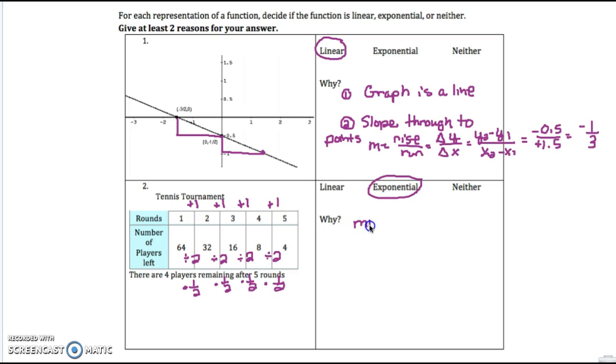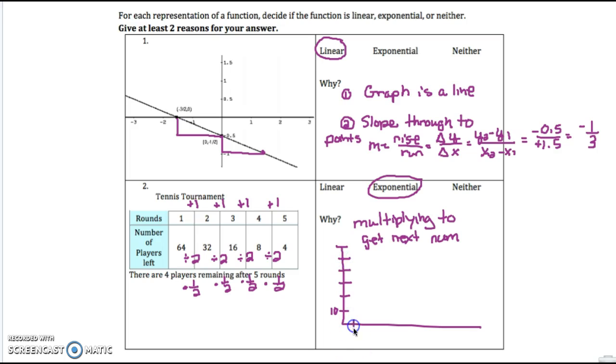We are multiplying to get the next number. And if you were to sketch a graph here, guys, this would have to be 10, 20, 30, 40, 50, 60.